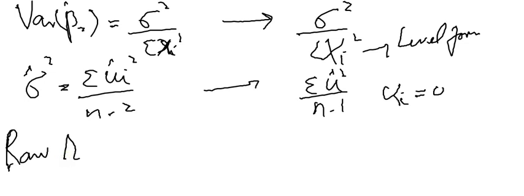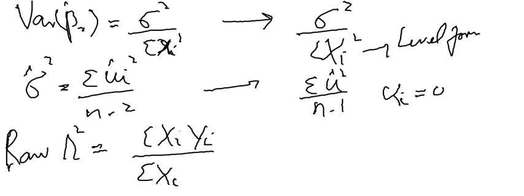Raw R square is equals to summation xi yi over summation xi square and summation yi square. But in case of the usual formula or regression with intercept, they were in deviation form, but now they are in the level form. That's why this is called the raw R square.